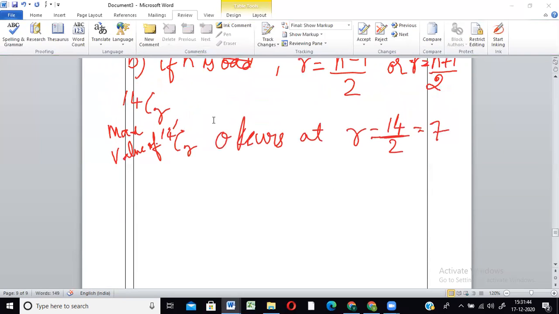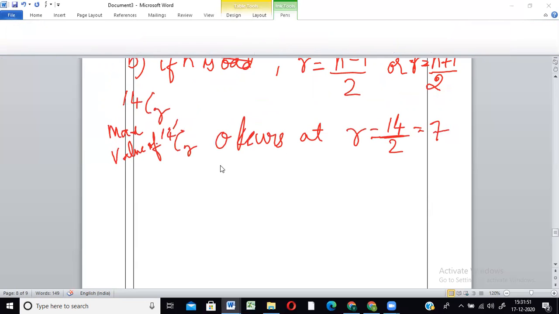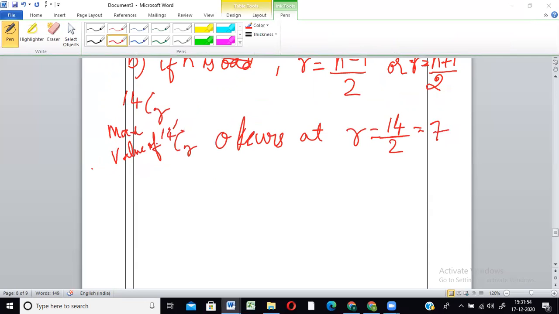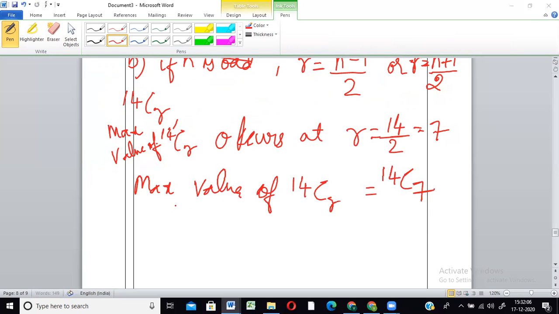So now we have got the value of R as N by 2, that is nothing but 14 by 2, which is 7. So we will substitute the maximum value of 14CR. Now we're replacing the value of R as 7, it becomes 14C7, and now we know how we have to find 14C7, right? 14 factorial upon 7 factorial into 7 factorial. This is nothing but, we get the final answer as 3432.